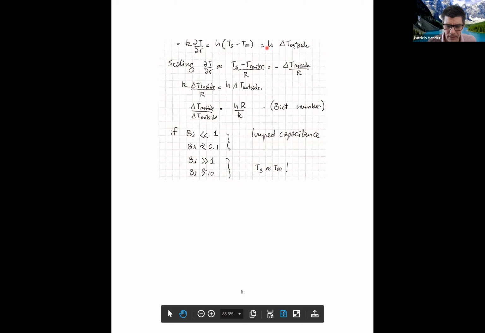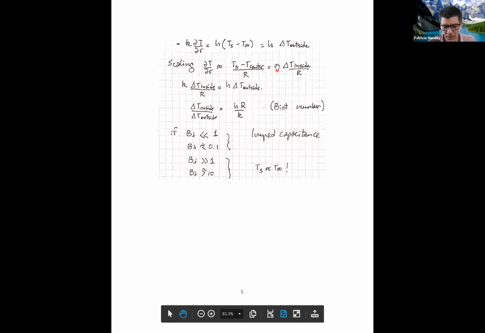So the right-hand side was H times delta T outside. That was the Q out. It's per unit area, because the area is the same on both sides, so I canceled it out. On the left, we have the heat in per unit area. That is K times delta T inside over R. And this minus sign that we have to have appears because for delta T inside, we take the hot minus the cold, so it would be center minus surface, and that's why we have this minus here.